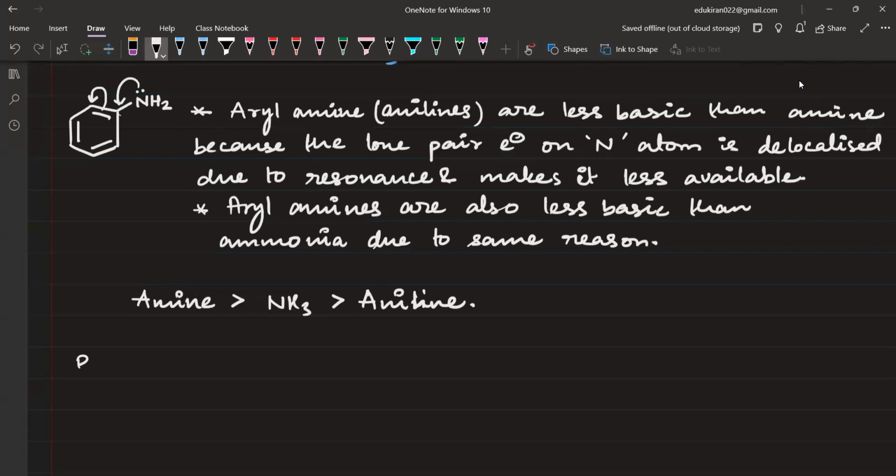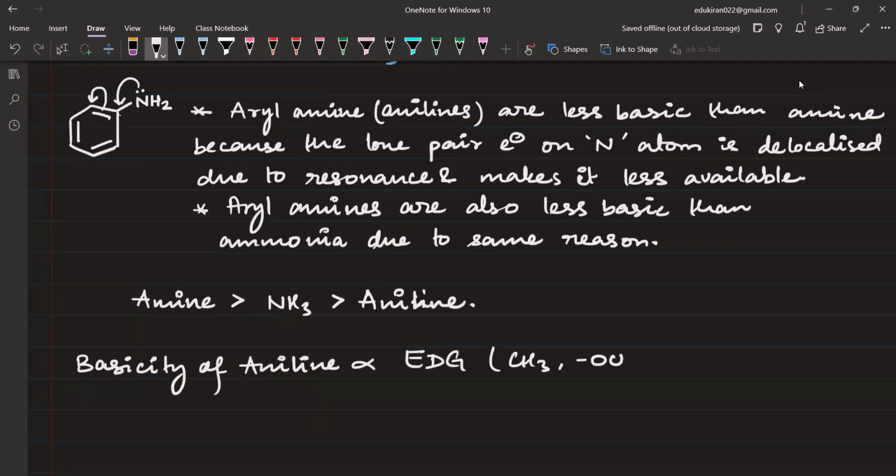The basicity of aniline will be directly proportional to electron donating groups, for example CH3, OCH3, and inversely proportional to electron withdrawing groups.